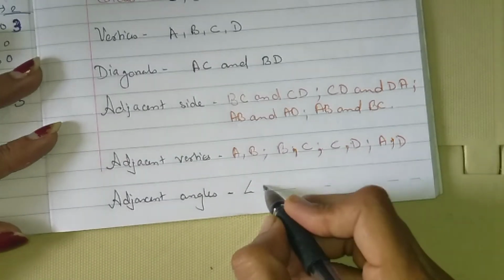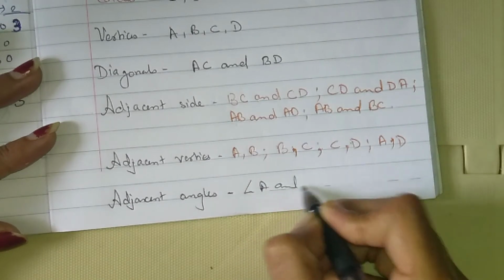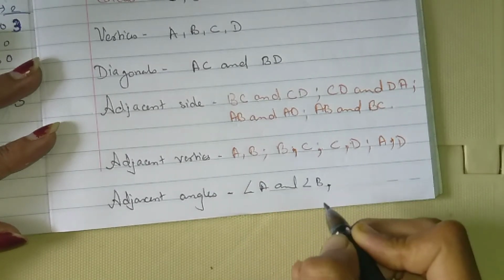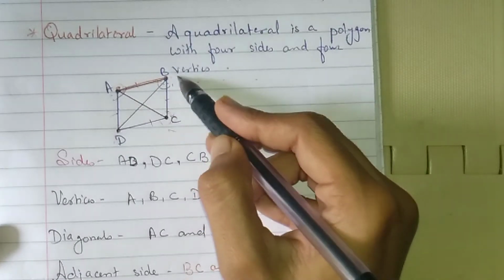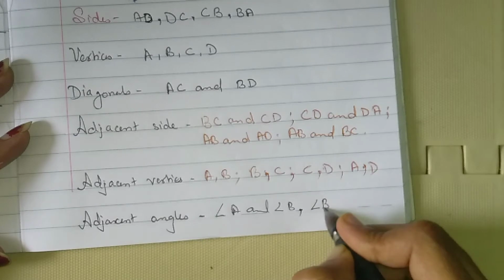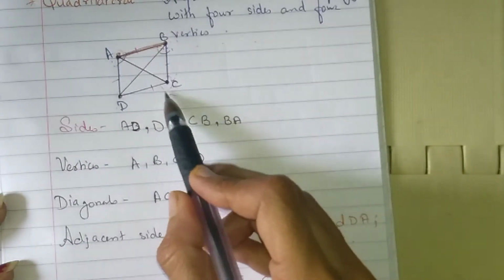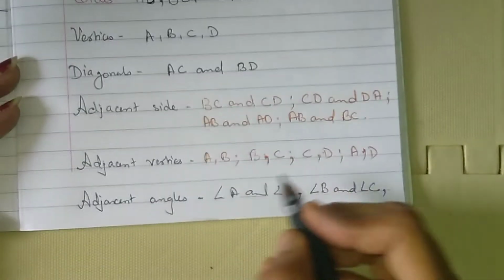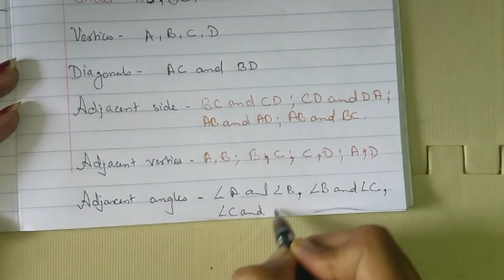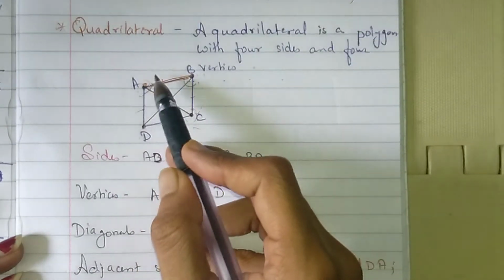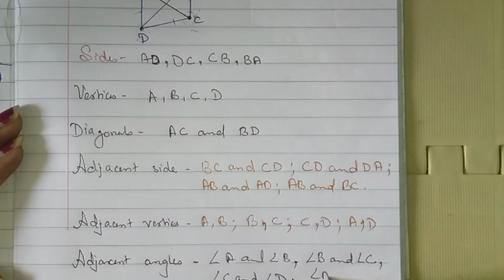So angle A and angle B. Another adjacent angle, take BC. So angle B and angle C are the adjacent angles. Take DC. So angle C and angle D. Another one AD. Angle A and angle D.